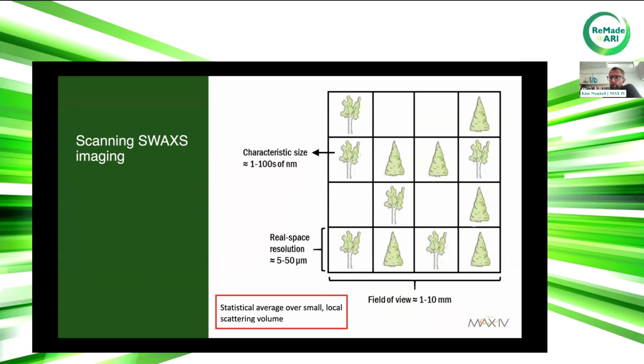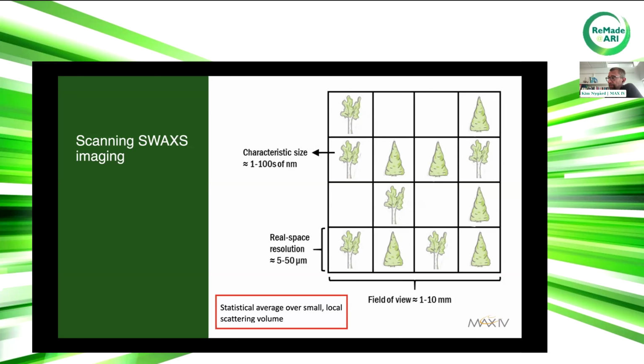So basically you focus down the beam to a small spot, and then you raster scan your sample through the beam, and at different positions of the sample you carry out a SAXS or WAXS or SAXS-WAXS measurement, and then you build up a map of the sample as shown schematically here, where in each spot where you make an experiment, you're probing some characteristic size or characteristic orientation of the sample at the nanoscopic length scale.